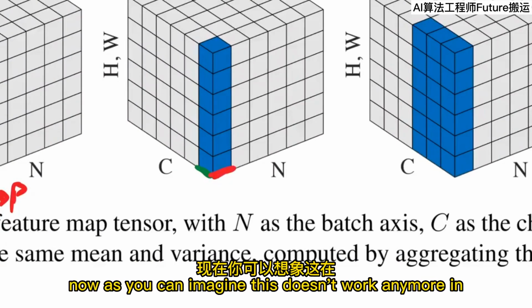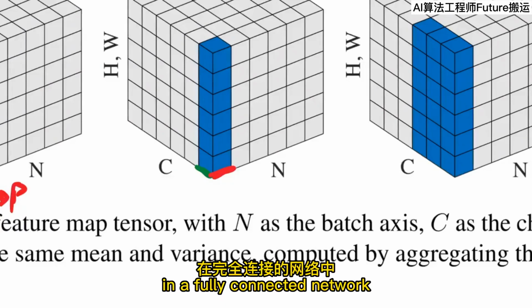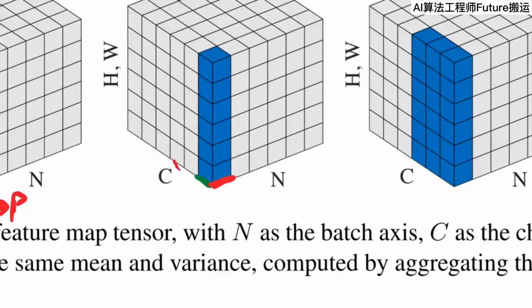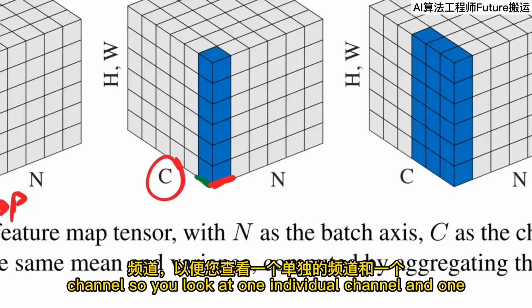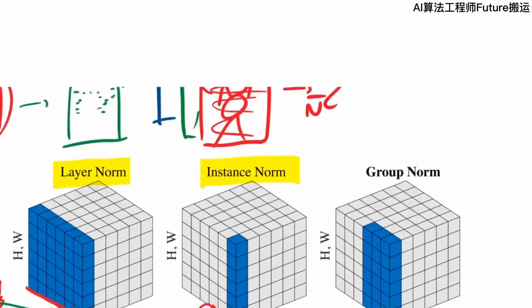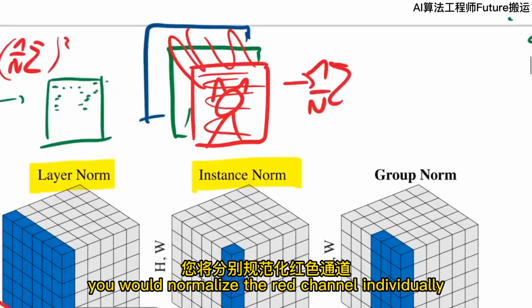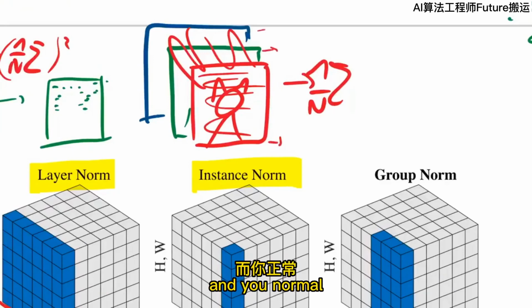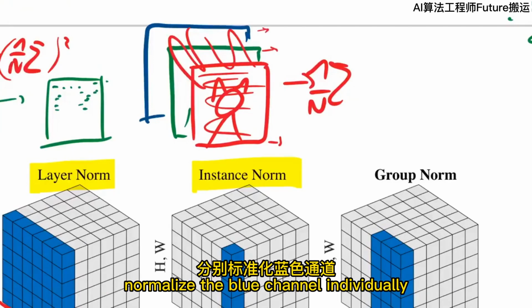Now, as you can imagine, this doesn't work anymore in a fully connected network. This basically works in a convolutional network where you have a feature map, a channel. So you look at one individual channel and one data point. That means here you would normalize the red channel individually, the green channel individually, and the blue channel individually.